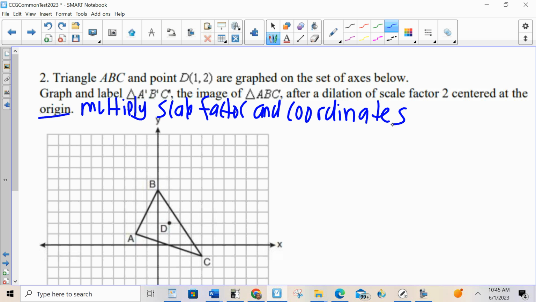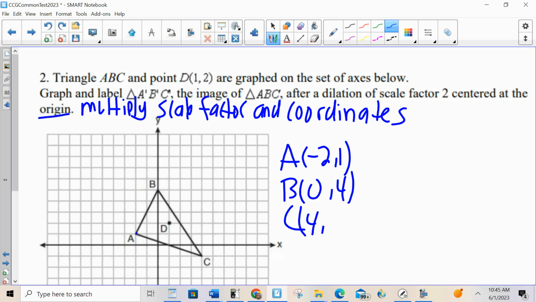So if I'm dilating centered at the origin, I'm going to list the coordinates. A, B, C. A is negative 2, comma 1. B is 0, comma, looks like 4. C is 4, comma, negative 1.